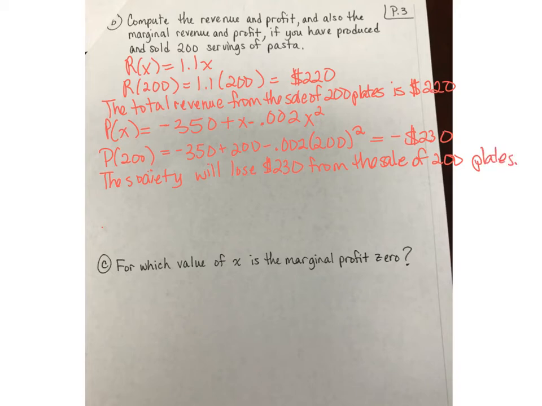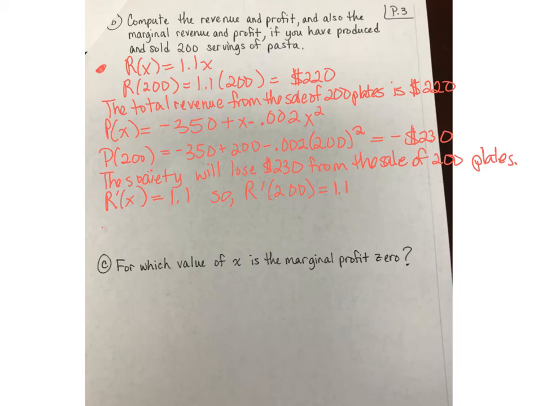Okay, now R prime of x, because we have to discuss the marginal revenue and profit. R prime of x is just 1.1. We're going back up here and taking the derivative of that function. So R prime of 200 is just 1.1 because we cannot plug 200 in anywhere. So that means that the approximate revenue from the sale of the 201st plate is $1.10.